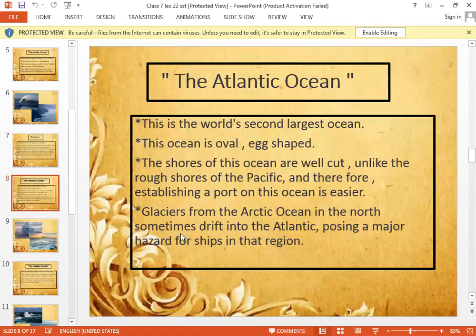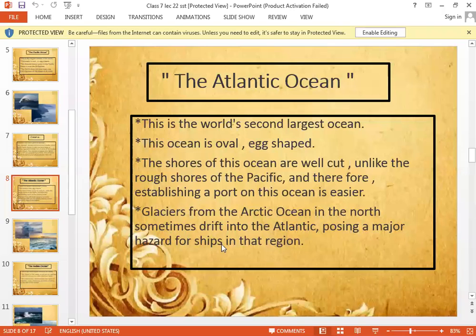Okay, so glaciers from the Arctic Ocean. Basically, these are the glaciers of the Arctic Ocean, but in the north, sometimes these glaciers drift into the Atlantic Ocean, posing a major hazard for ships in the region.